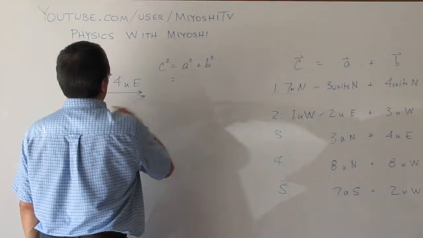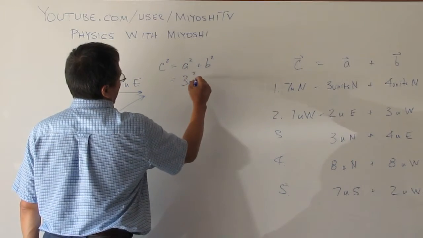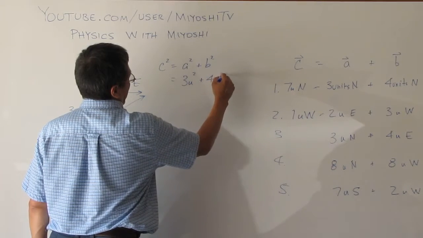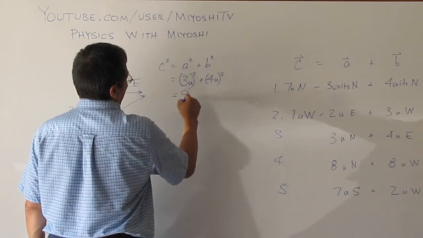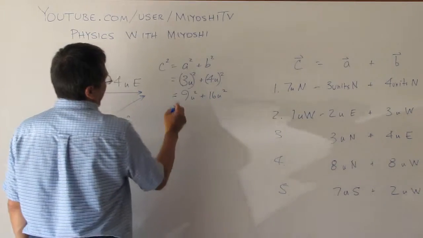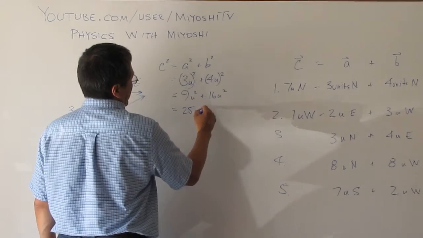So A is here, 3 units squared plus 4 units squared. That's going to give me 9 units squared plus 16 units squared. And then this is going to be 25 units squared.